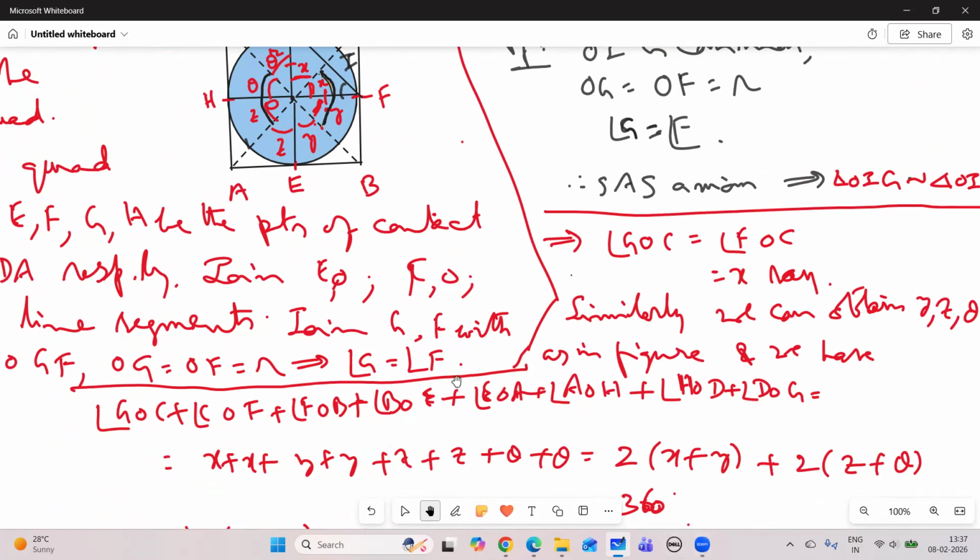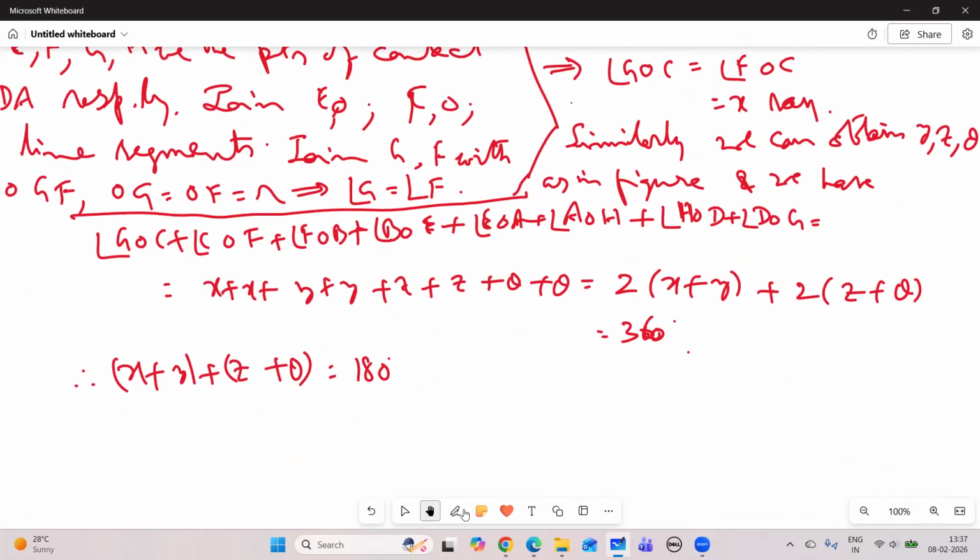Therefore, z plus theta is the angle made by AD, and this is the angle made by BC.